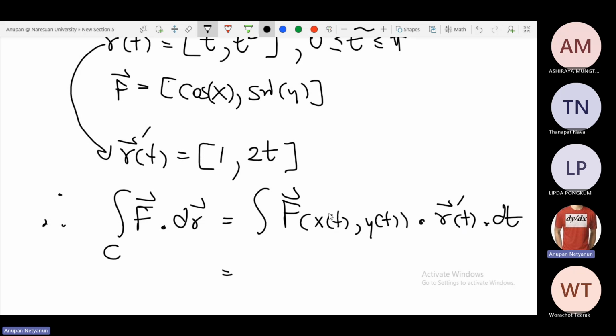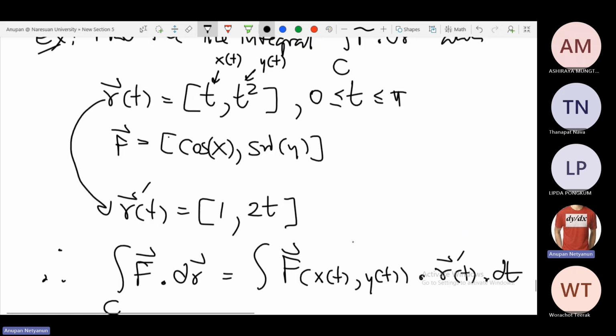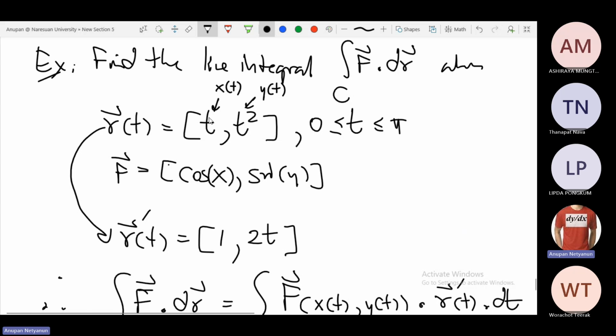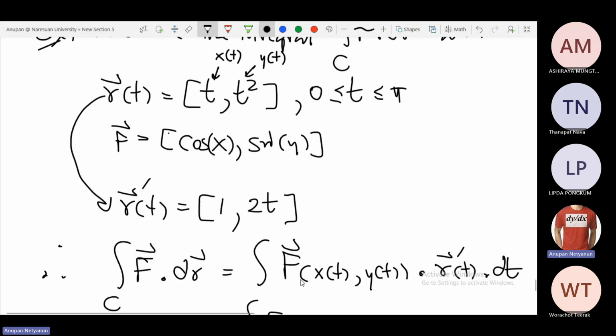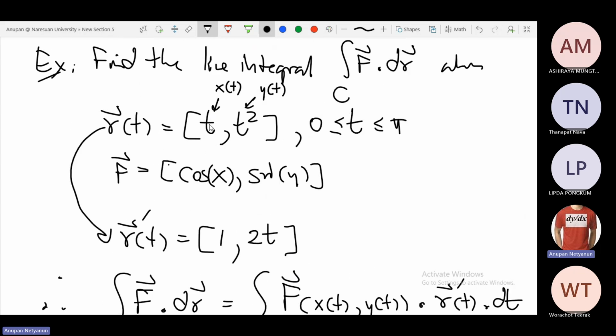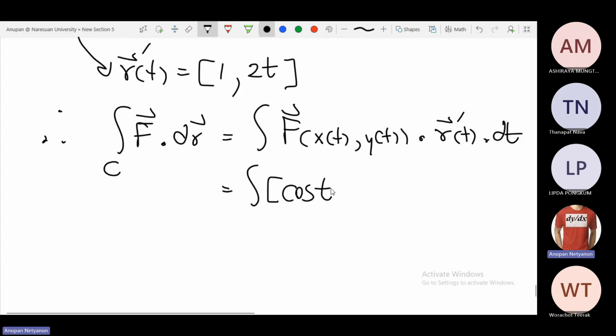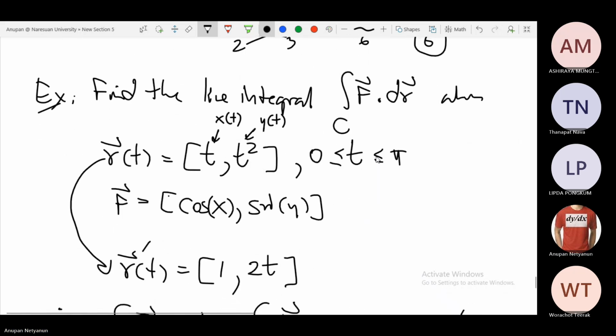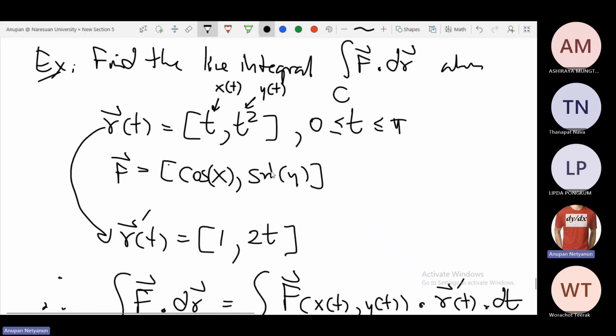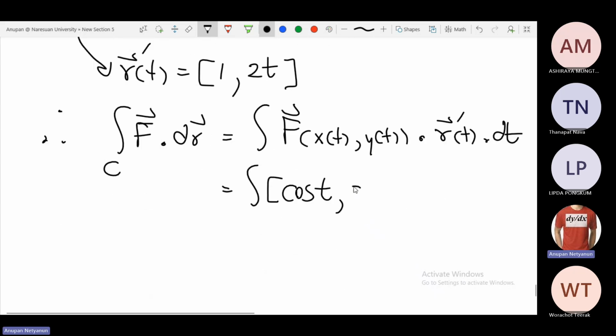Okay, so here you plug in x(t) and y(t) on the curve, which is x(t) equal t and y(t) equal t squared, into this F function or vector. So you have cosine of x, but your x on the curve is t. So that's cosine t. And y, plug it in for this, but your y is t squared. So you have sine t squared.